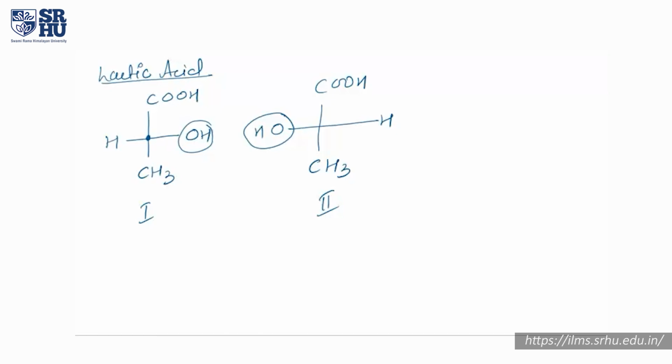Now one of these will be dextrorotatory and one of these will be levorotatory. The question arises, how do we know which one is dextro and which one is levo? We want to know this.